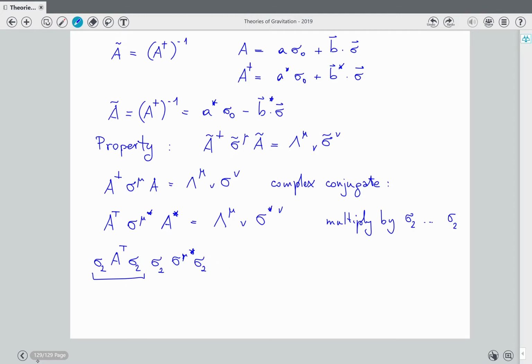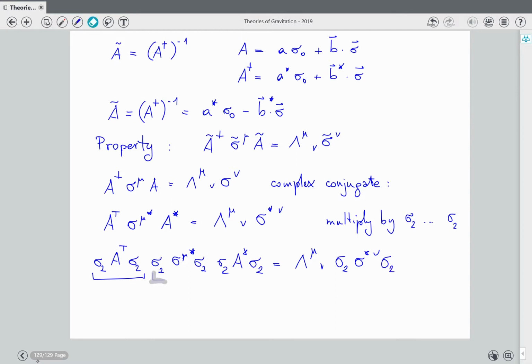Sigma 2 squared is -1, so I can insert sigma 2, sigma 2, and sigma 2, sigma 2. And then you have sigma 2 A star sigma 2, and that is lambda mu sigma 2 sigma star mu sigma 2.